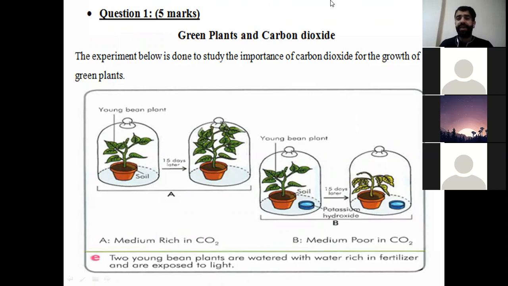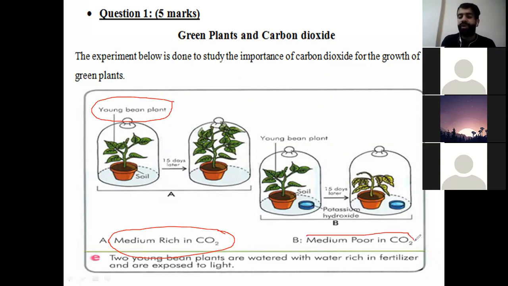After placing the young bean plant in medium A rich in CO2, the plant after 15 days grows tall and green, while plant B, which is placed in a medium poor in carbon dioxide, after 15 days withers and dies.